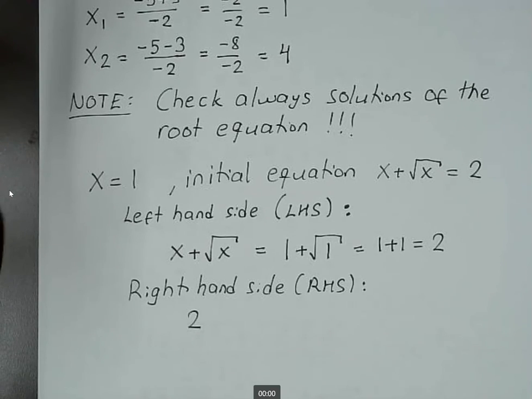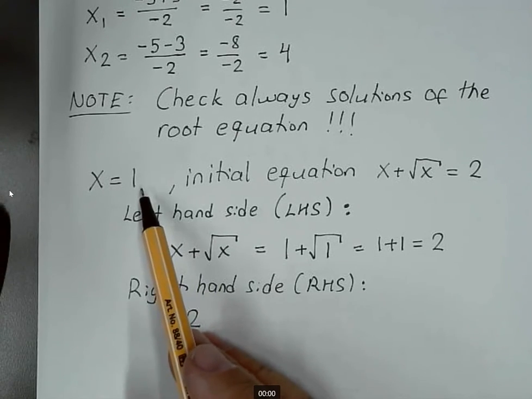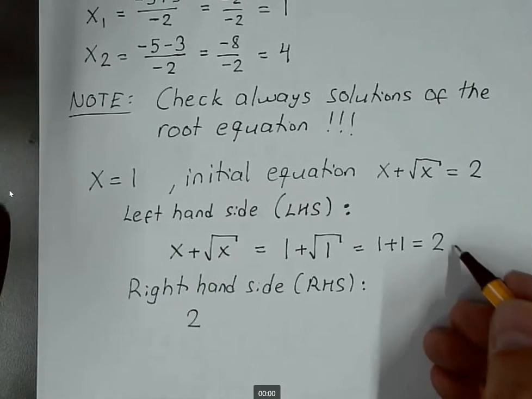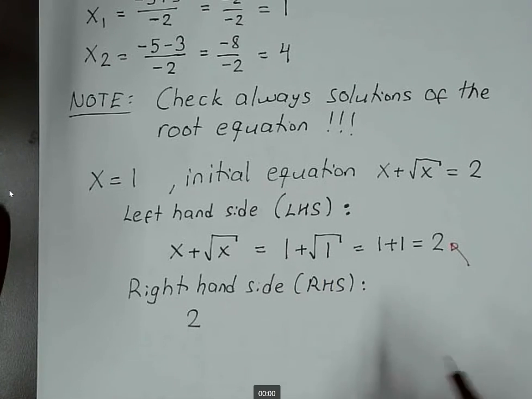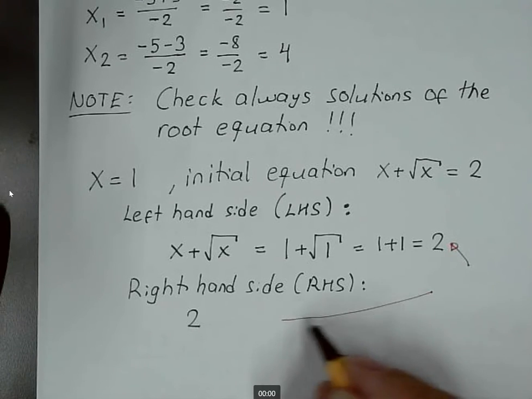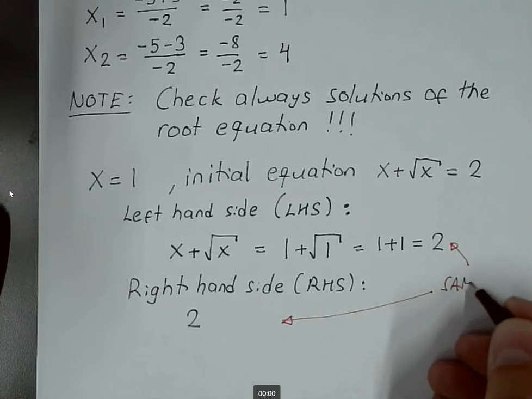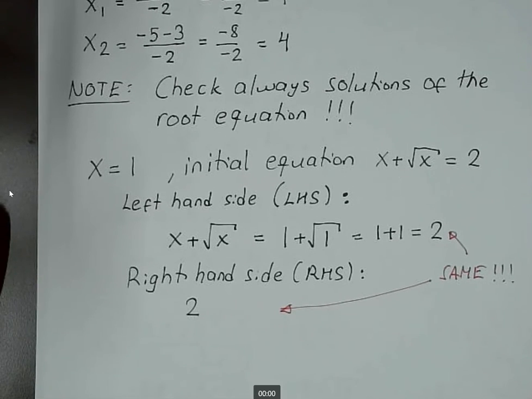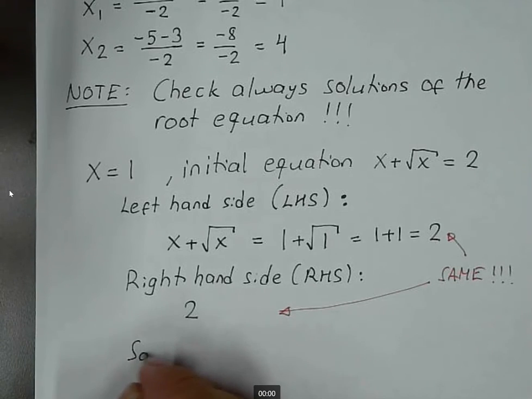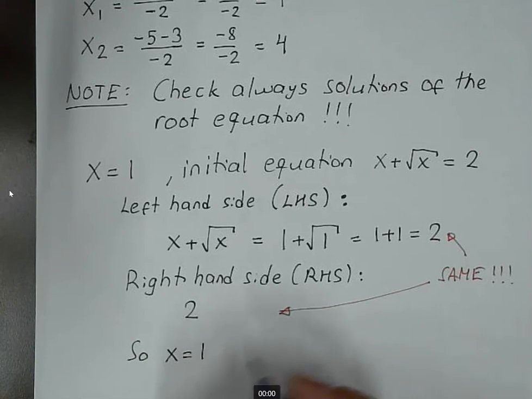So now we see that this solution x equals 1 gives the same value to the left hand side and to the right hand side. So this means that x equals 1 is a solution.